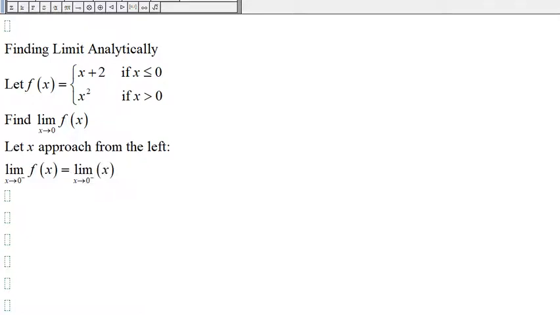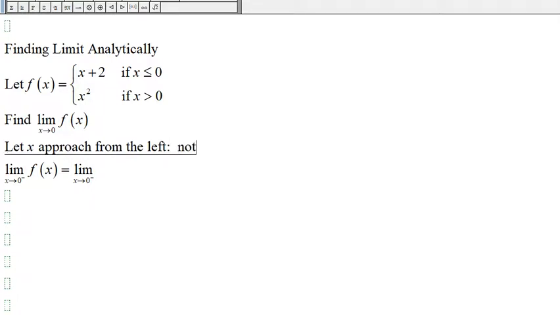Now, if we approach 0 from the left, then it means that the x here will be to the left of 0, meaning x is less than 0. So if x is less than 0, then f of x will be x plus 2.